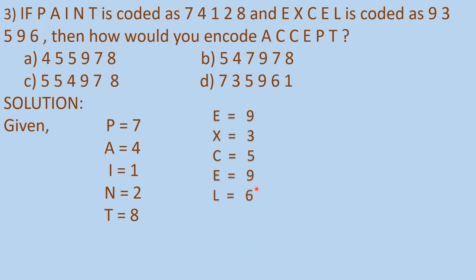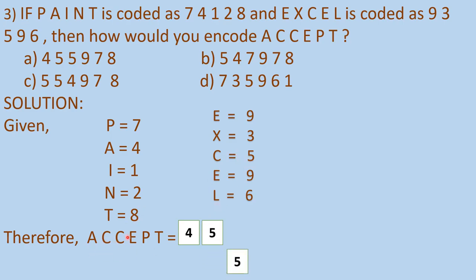So first of all, we have to encode ACCEPT. Here A is coded as 4, so first we will write 4. Then C is coded as 5. There are 2 times C, so we will write 2 times 5. Then E is coded as 9. P is coded as 7. And T is coded as 8.